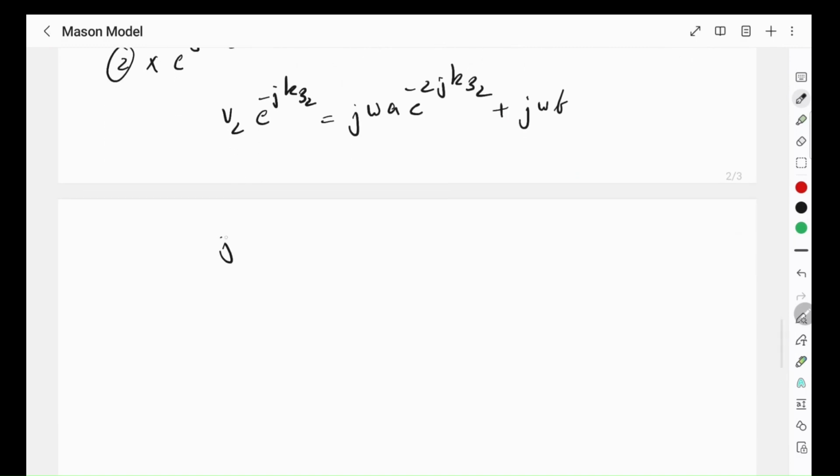Then you can write j omega b is equal to v2 e raised to minus j k z2 minus j omega a e raised to minus 2 j k z2. So I can write it as the fourth equation.